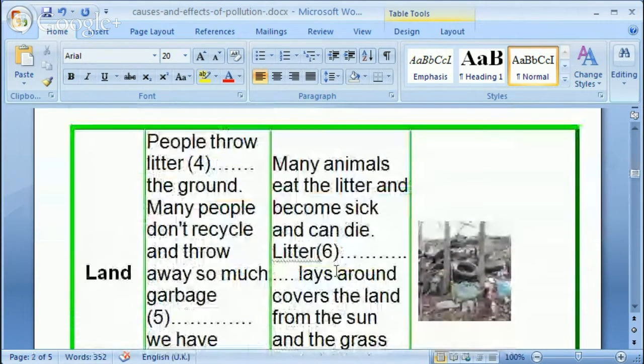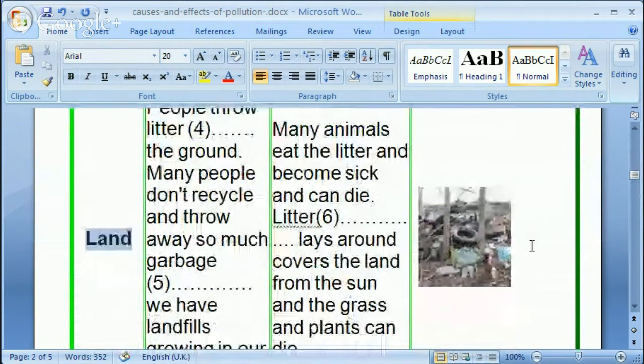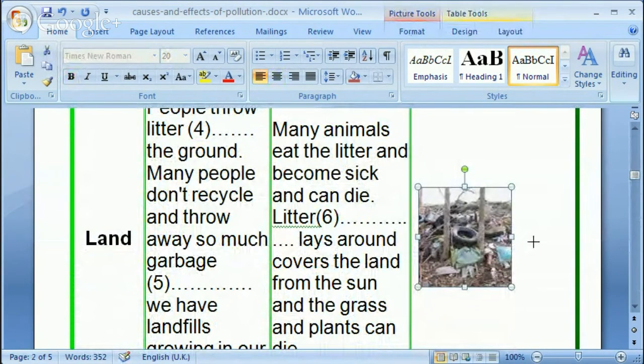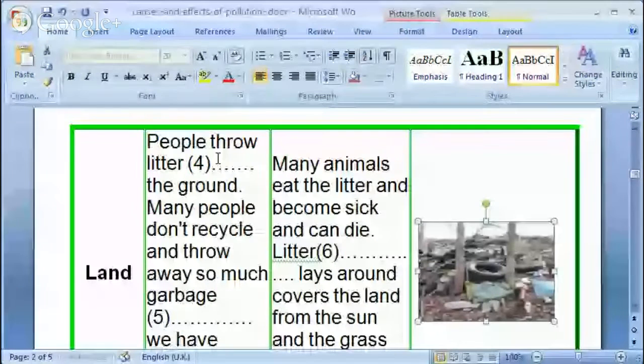Moving on to land, what we call land pollution, seen in this picture. Yuck. Okay. Anyway, land pollution, moving on. People throw litter, blank, the ground.